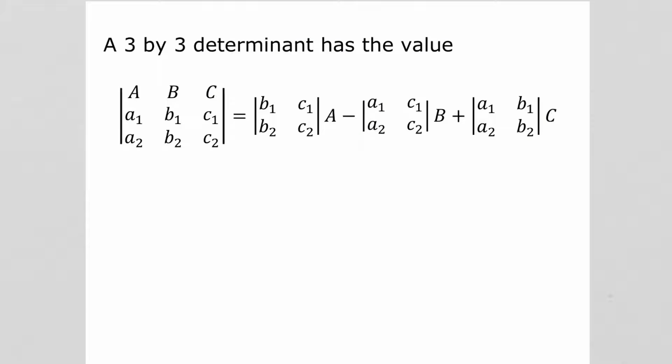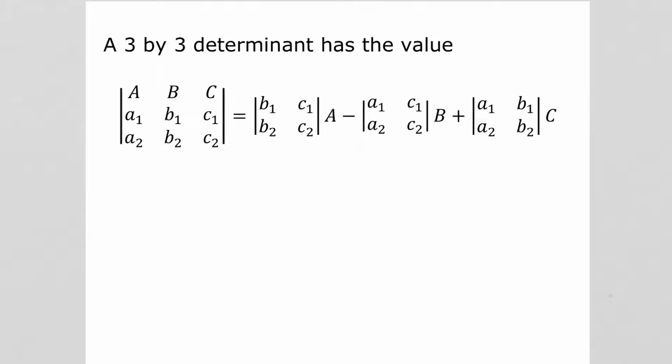So if you do a 3 by 3 determinant, you've got A, B, and C on top, or in most cases for us that'll be I, J, and K. Then your first vector in the middle, in the second row, and the second vector in the third row.